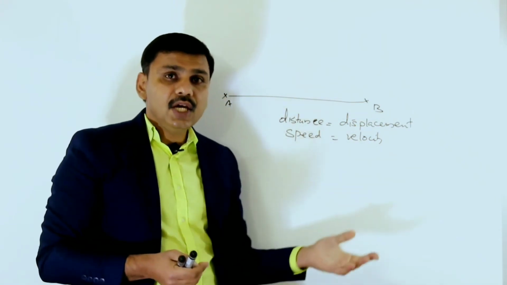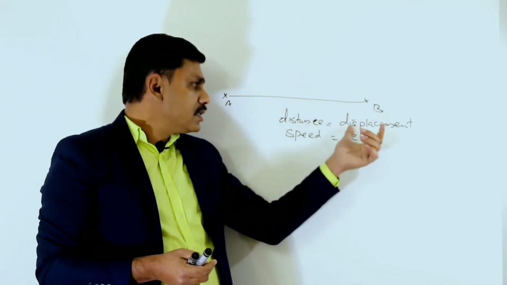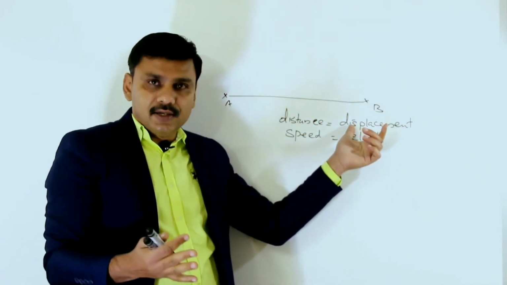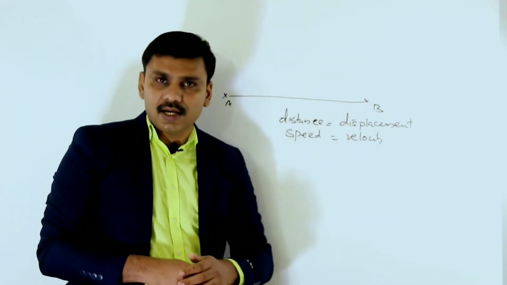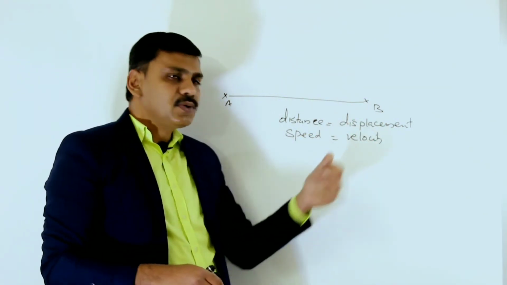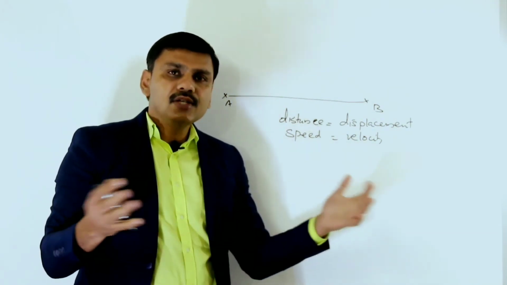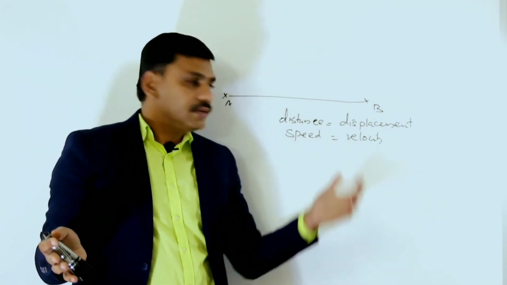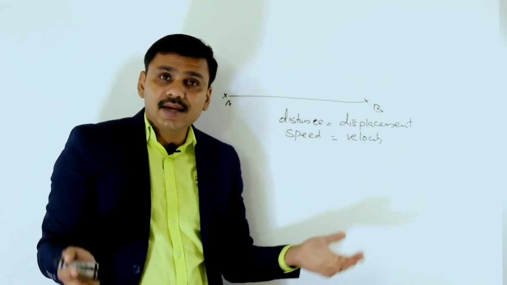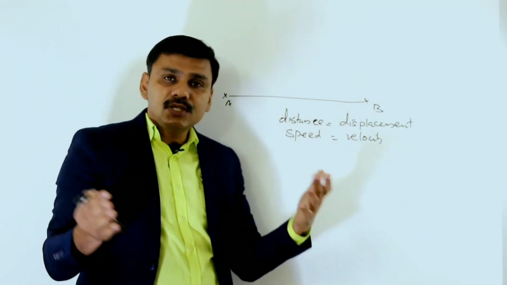Distance and displacement become different because of the change in direction. Speed and velocity become different because of the change in direction. If there is no change in direction, distance and displacement are the same, and speed and velocities are the same.